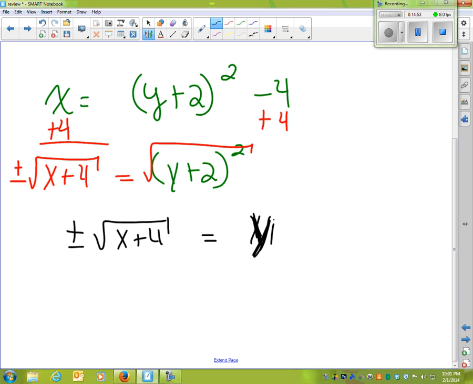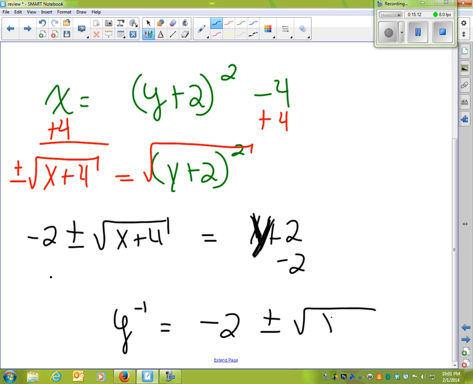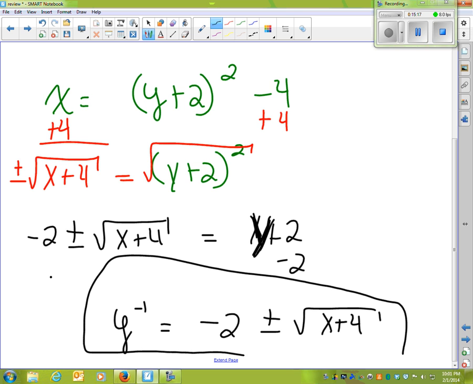It's a really thick y plus 2. Subtract the 2. I'm going to go ahead and put it in front. And my final answer, y inverse, that's the little -1, is equal to -2 plus or minus the square root of x plus 4. And I'm not going to graph in this example. If you'd like to see more on graphing, go back to lesson 6, 7, I think. And that concludes the Chapter 6 test review.